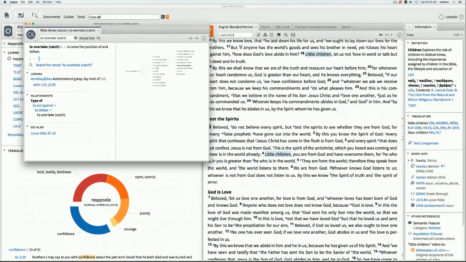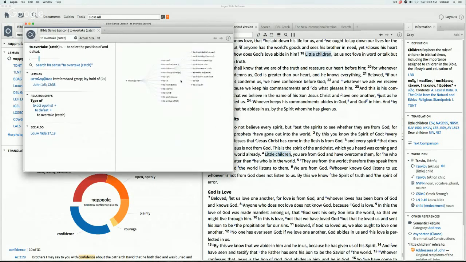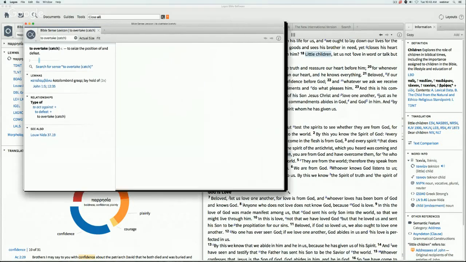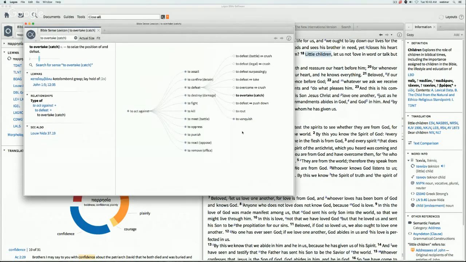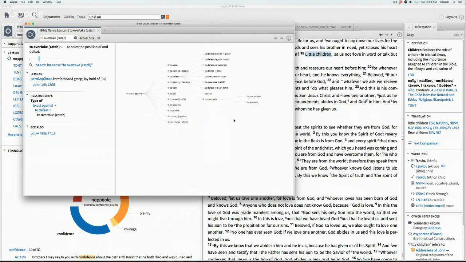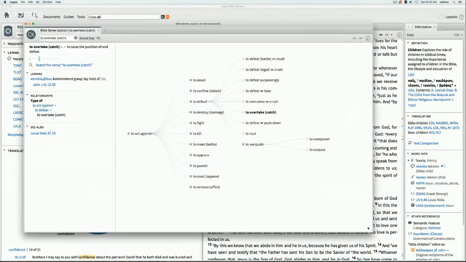One of the things that I love about this in particular is that you get a tree that shows you the various concepts that are related with that specific sense. If you click on one of the branches of that tree, you've got a number of different senses that are associated with that broader concept. So you can see how various words in the original languages relate to one another.